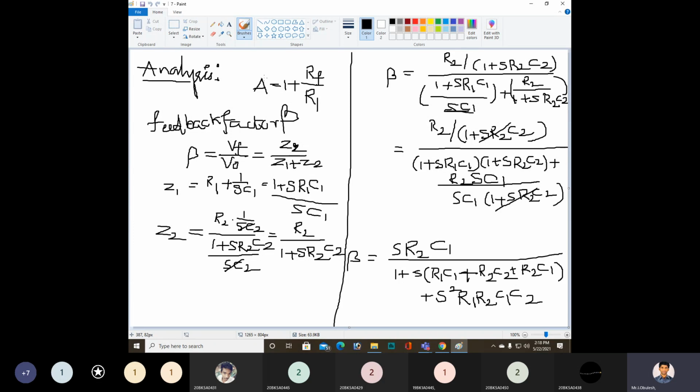You need to substitute Z1 and Z2 values in the beta equation, Z2 by Z1 plus Z2. Once you substitute both values in the beta equation, you will get the simplified expression: beta is equal to S R2 C1 by 1 plus S times the sum R1 C1 plus R2 C2 plus R2 C1, plus S square R1 R2 C1 C2.